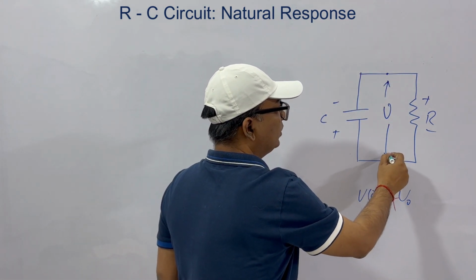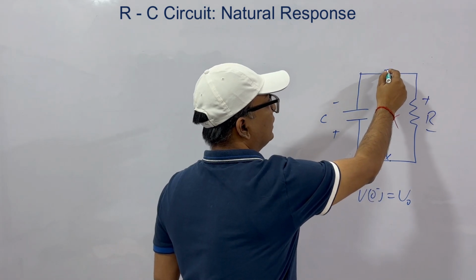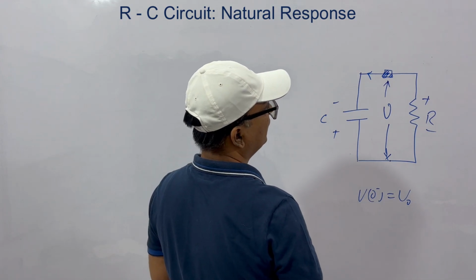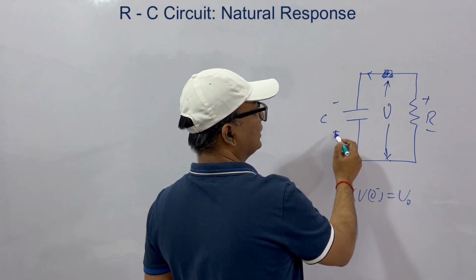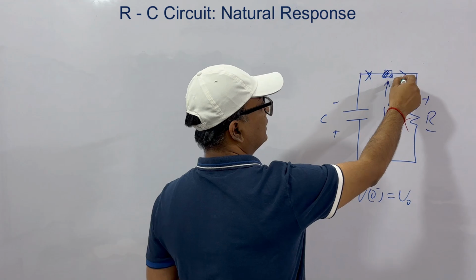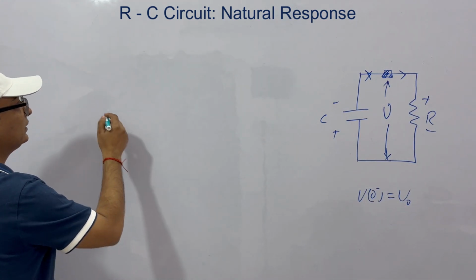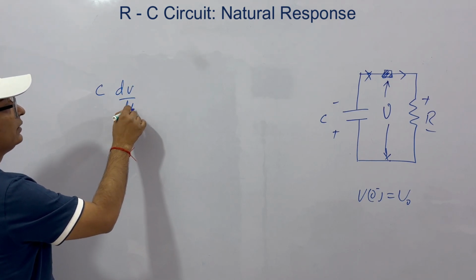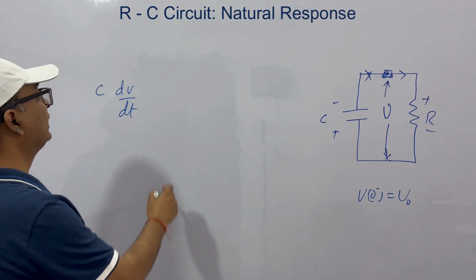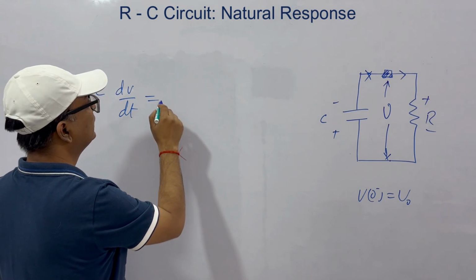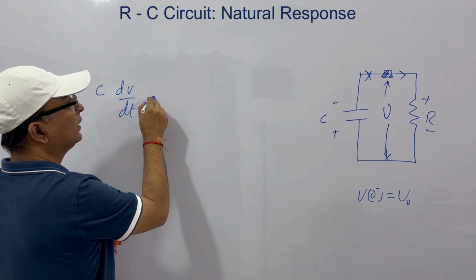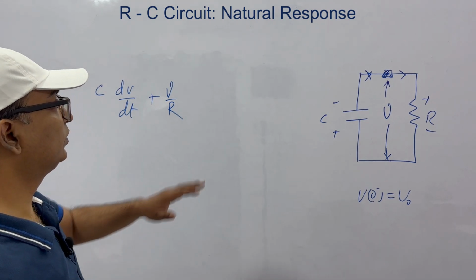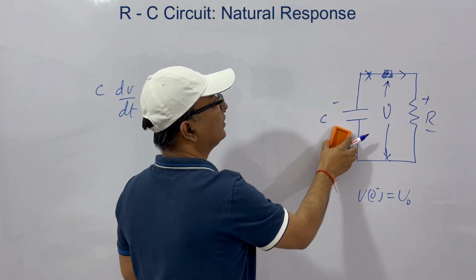Now let's do KCL at this point. This is your node. So one current flows in this direction, not in this direction. So what we get is, current in the capacitor is C dV by dt, plus V by R. For KVL we were using this.